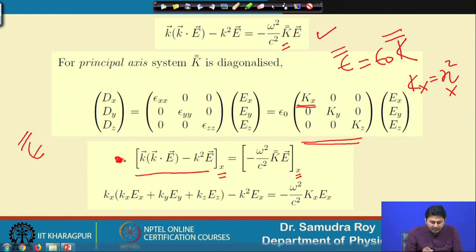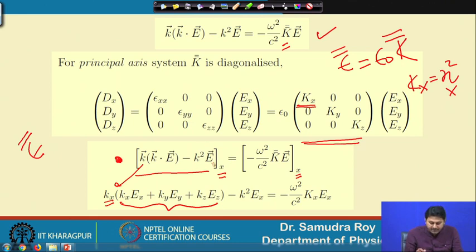Then the x component of the first part is simply kx times the dot product. Please mind that k dot E is a scalar quantity, so the only vector quantity here is k. So, I take only the kx from here, and this part is a scalar, so I write kx Ex plus ky Ey plus kz Ez.